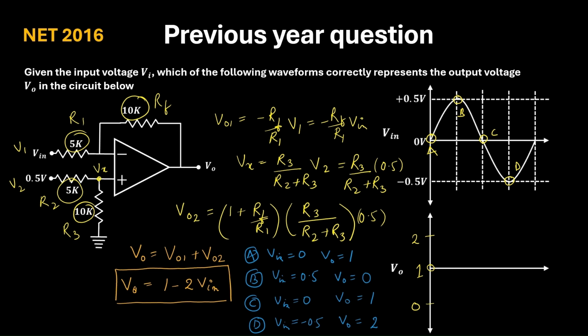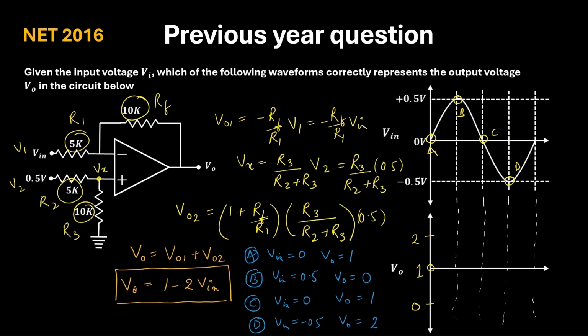Maybe I can draw a line here so that it will be easy to plot. So at point B, the V0 is 0.